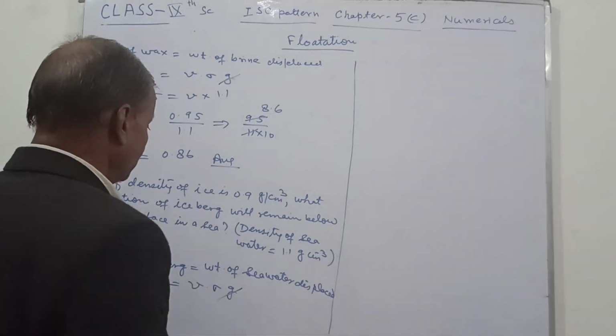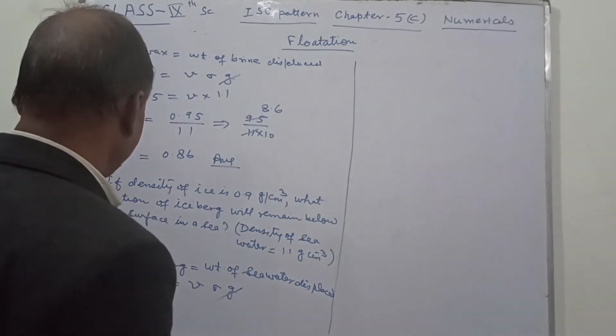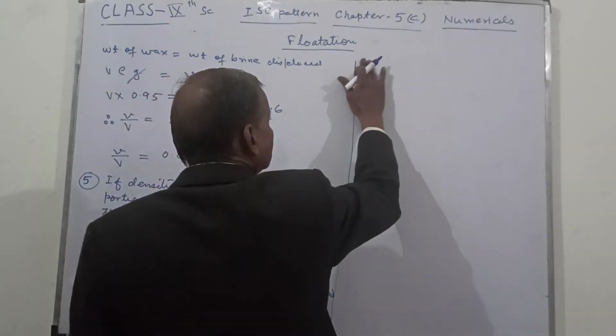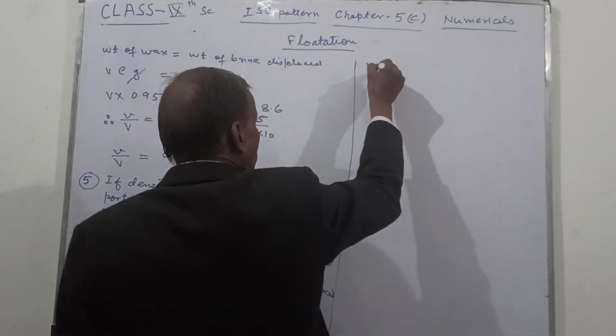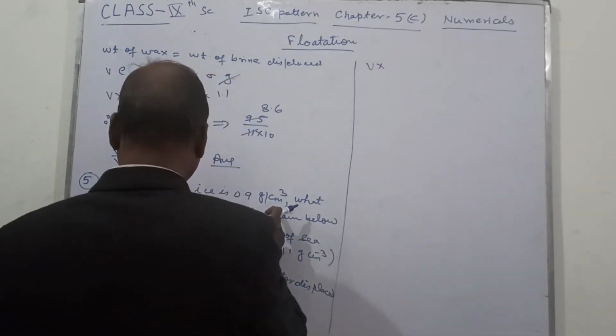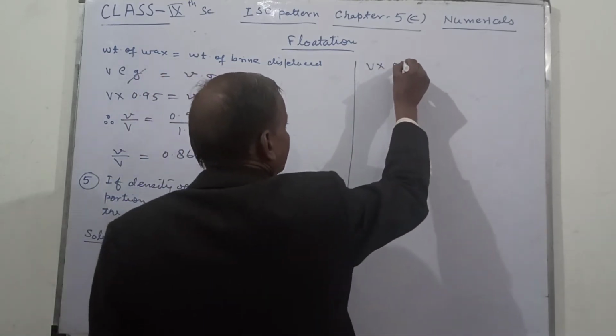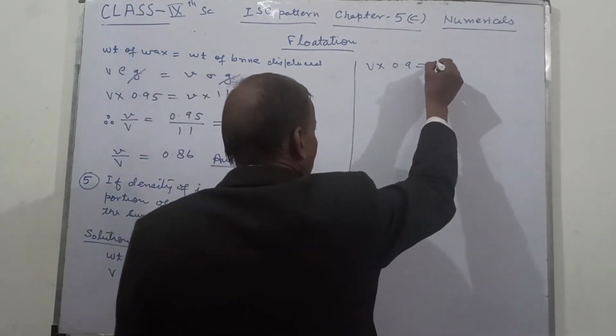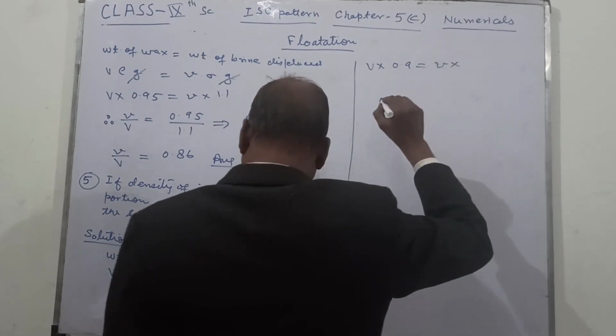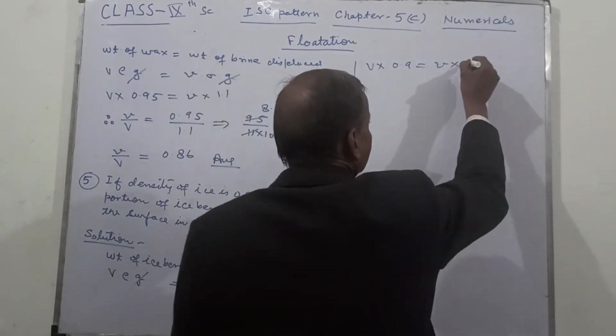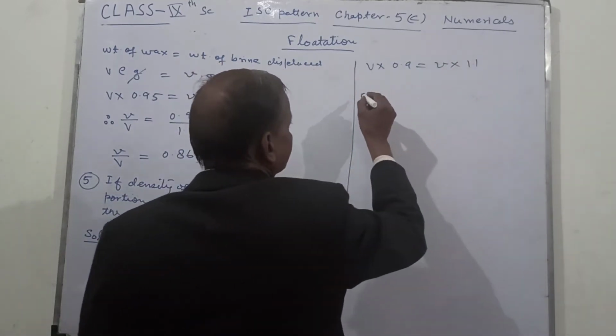Let V be the volume of the iceberg, and this density is given to be 0.9, equal to V into the density of seawater, this is now 1.1.